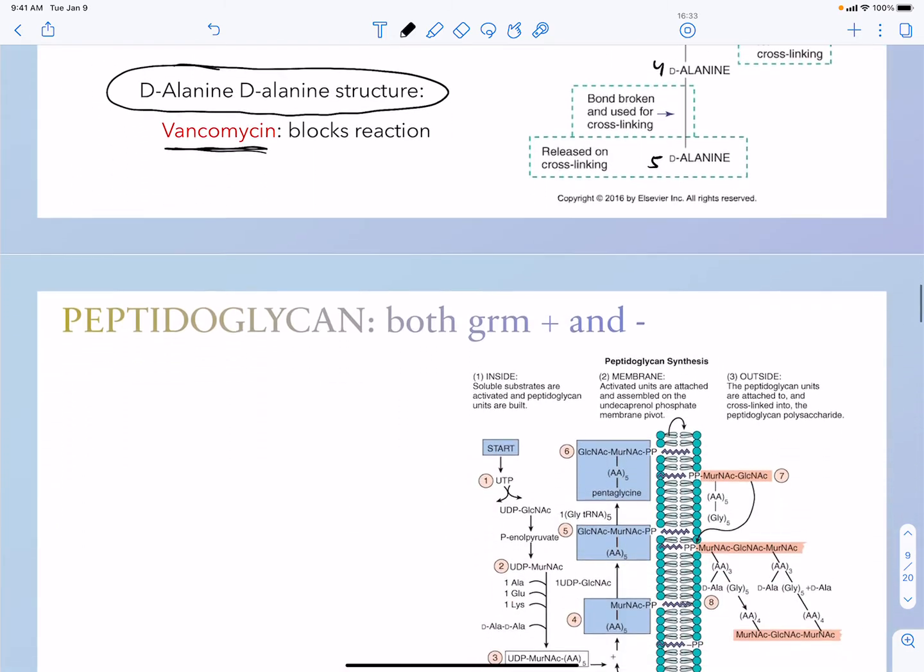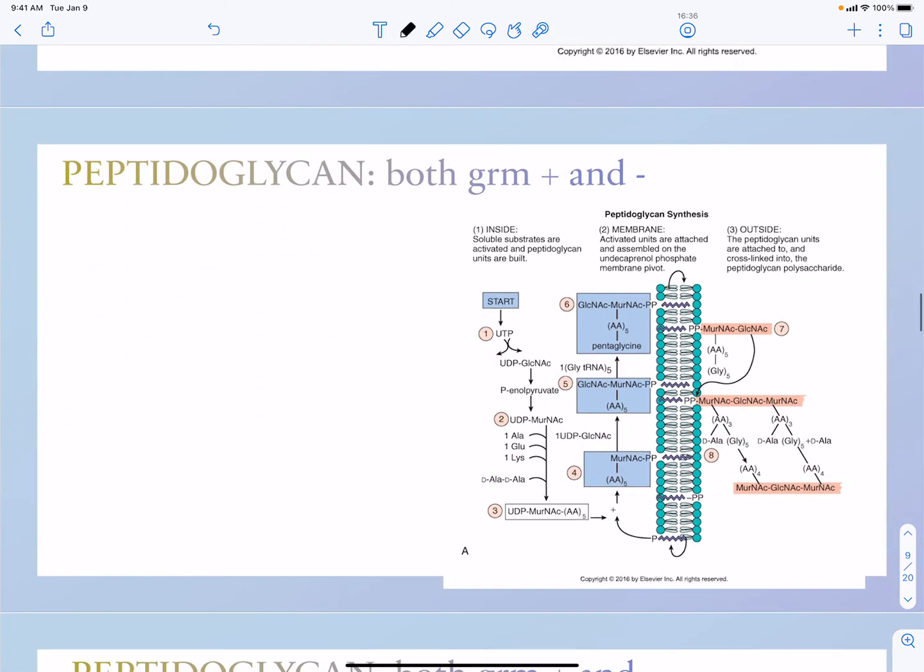Now, peptidoglycan, again, remember it's on both gram-positive and gram-negative. Its formation is going to be the same. You're going to have soluble substrates formed inside of the cell. So again, you have that N-muramic acid, which has the pentapeptide, with the D-alanine, D-alanine at the end.